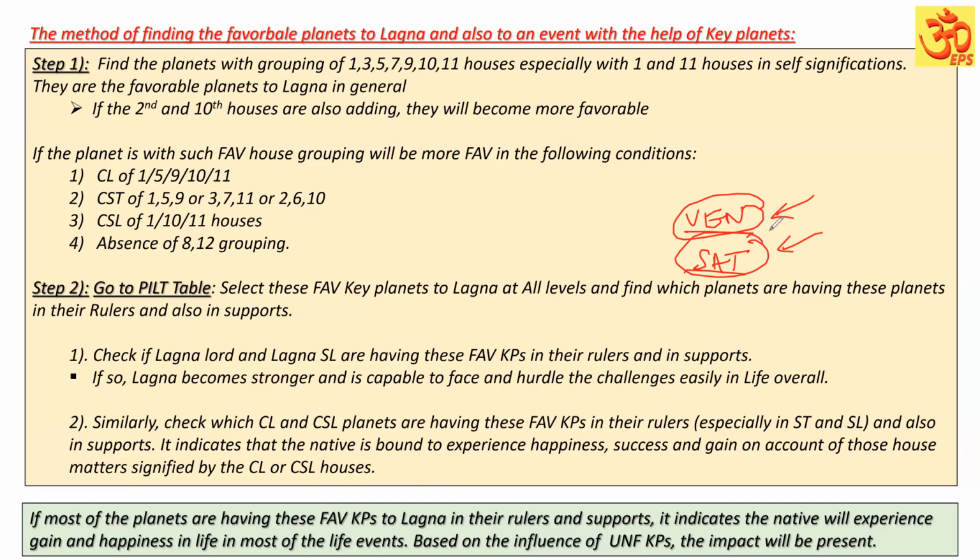But in the absence of the favorable key planets, the planets which are not having these favorable key planets in their rulers are not going to be very strongly favorable to the Lagna. If they are having unfavorable key planets, then definitely they are going to give trouble to the Lagna. I think you are able to understand how, by looking at all 9 planets together in the PILT table, you can see all 9 planets in a grid.